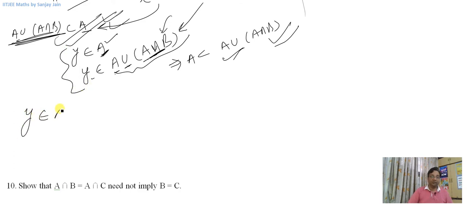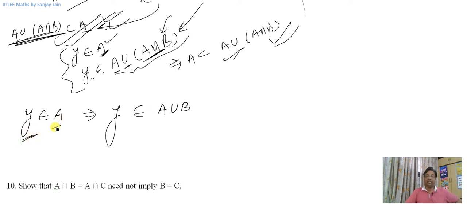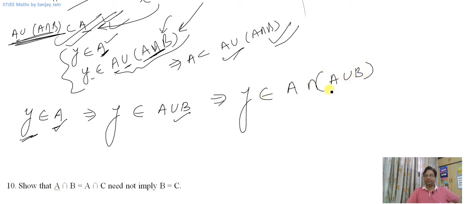If Y belongs to A, that would imply Y belongs to A union B. Now Y belongs to A, Y belongs to A union B. That means Y will belong to A intersection A union B.